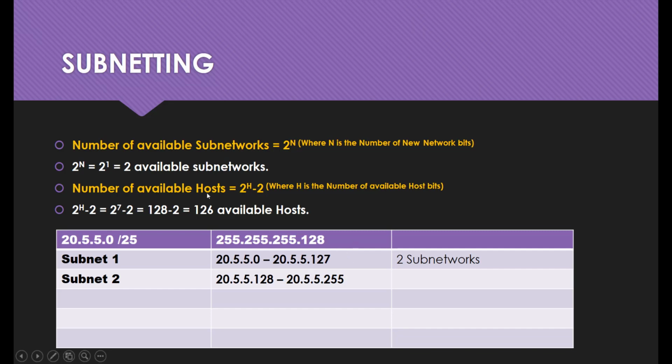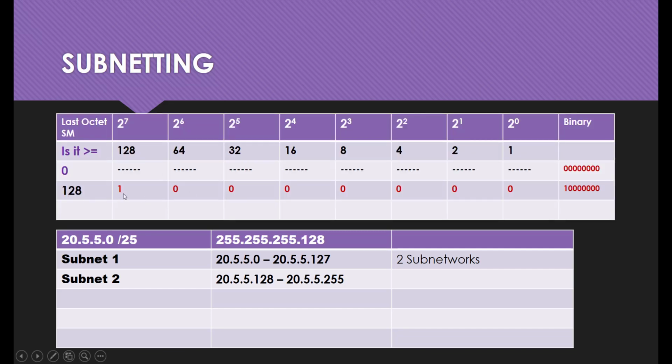So how do we know the hosts that are available for each of the networks? We say number of available hosts is 2 raised to power h minus 2, and h in this case is the remaining available host bits. So if we come back, since we borrowed 1 from the network, it means that we are left with 1, 2, 3, 4, 5, 6, 7 host bits that were not touched.